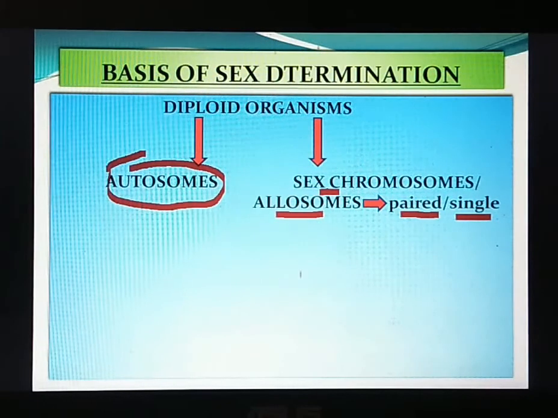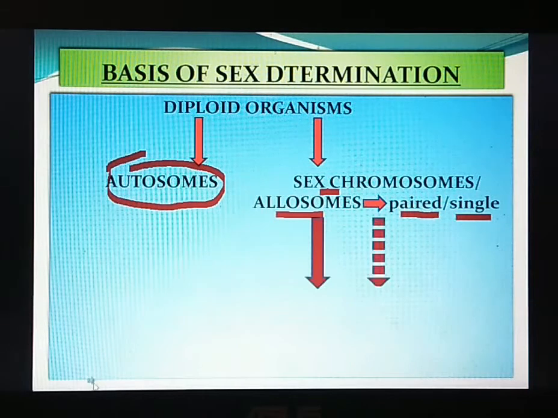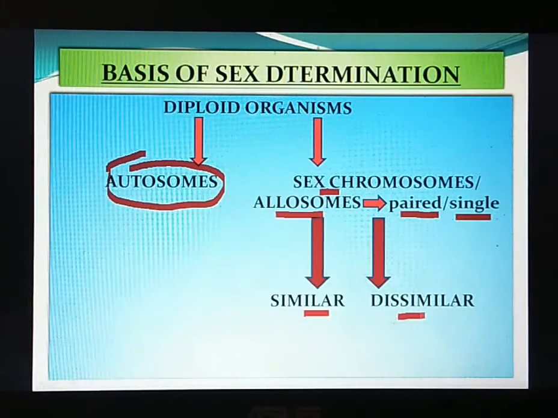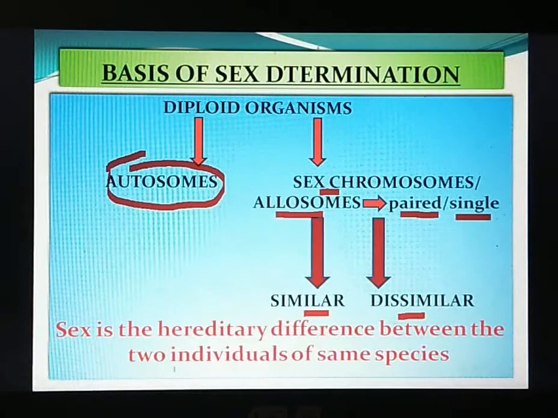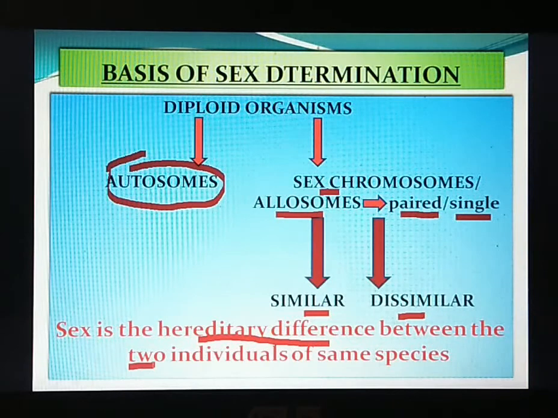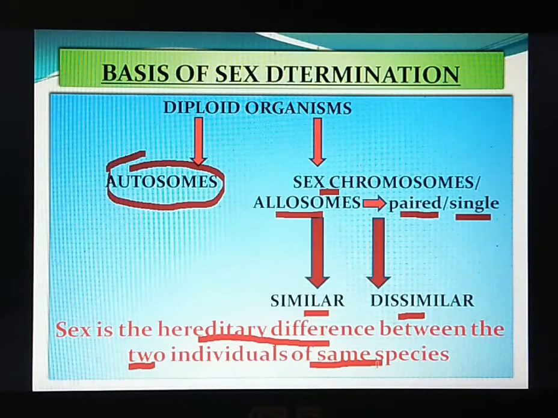And if these sex chromosomes are in pair form, they can be either similar or dissimilar. Okay? So sex determines the hereditary differences between two individuals of the same species. That means we can find out which one is the male individual and which one is the female individual.